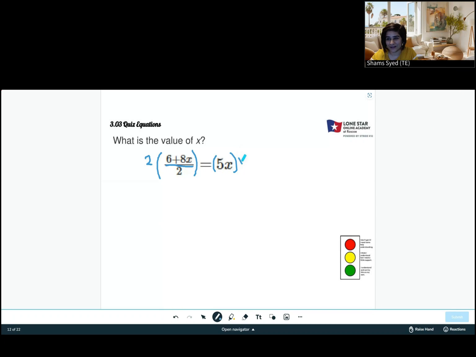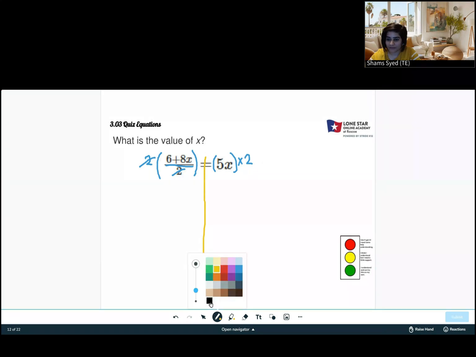Okay. Look carefully at what is going to happen. This multiplying by 2 and dividing by 2 cancels each other out and becomes 1s. So now, let me just draw a line and split it into 2 parts.